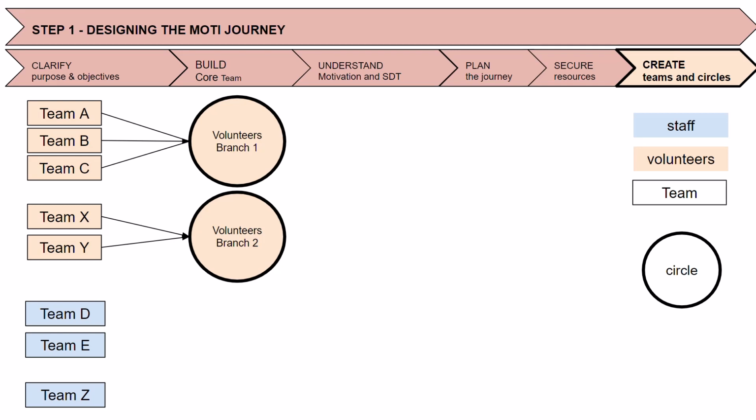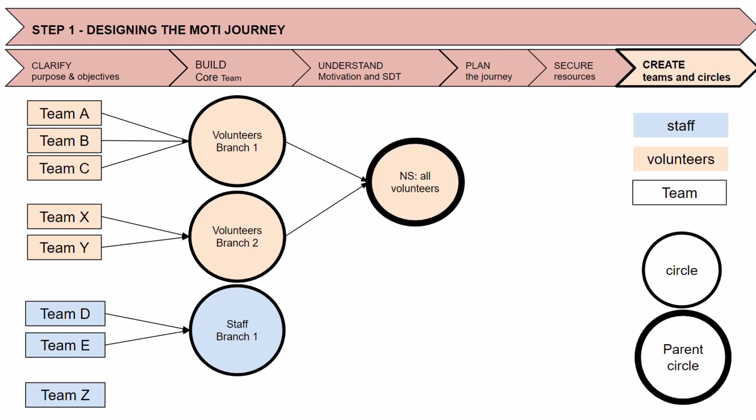And so the circle will aggregate the results of these teams in the appropriate circle. And in the same way, team D and E would be grouped into staff branch 1. You can go one step further and create a parent circle that would include the 2 circles, from branch 1 and branch 2, of volunteers.